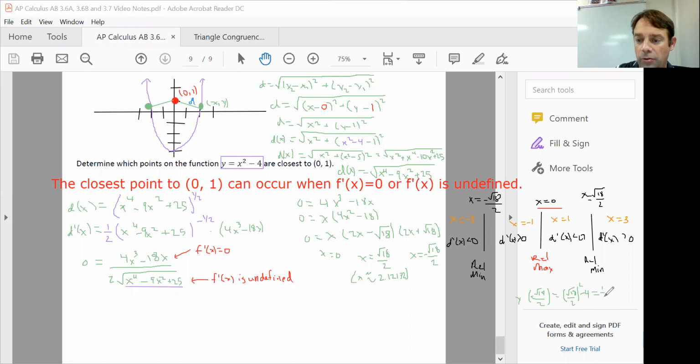And by the way, friends, that's the same value if I were to plug in a negative root 18 over 2. All right, so we know the 2 closest points then.